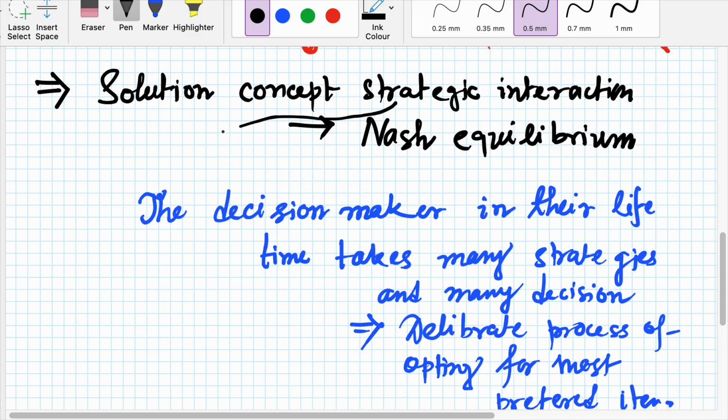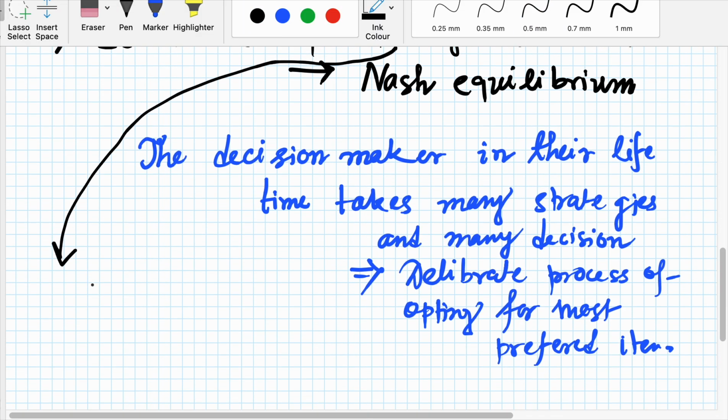And let me again restate what strategic interaction means.